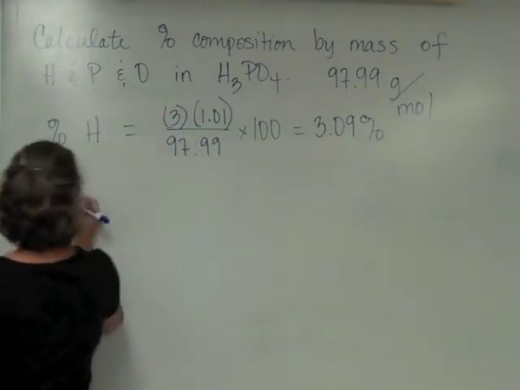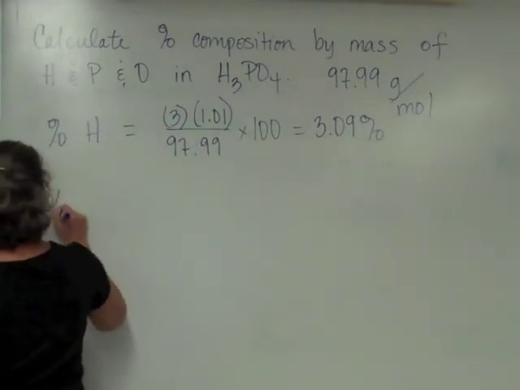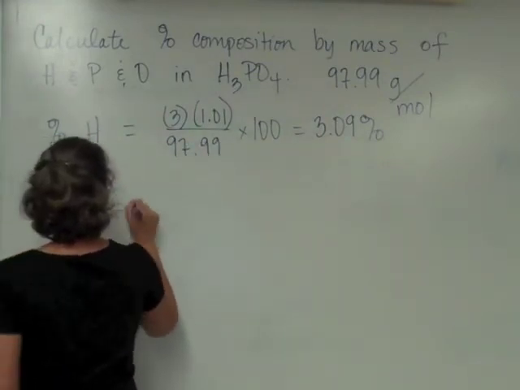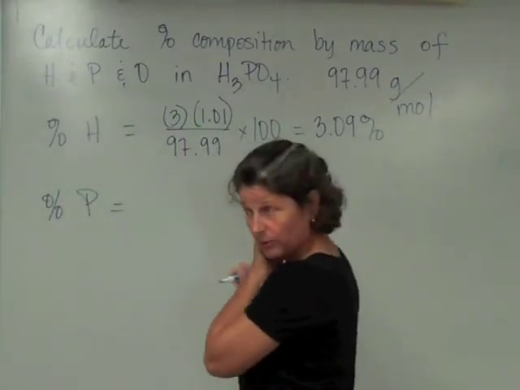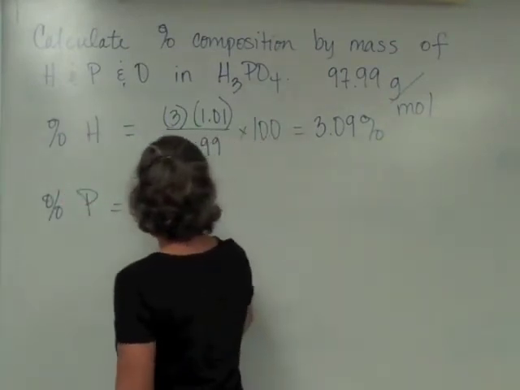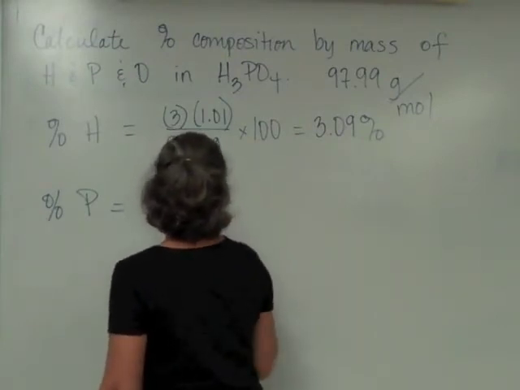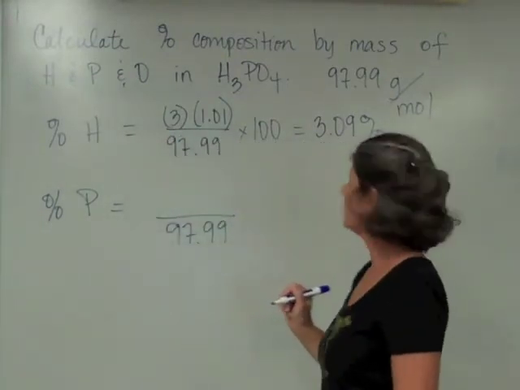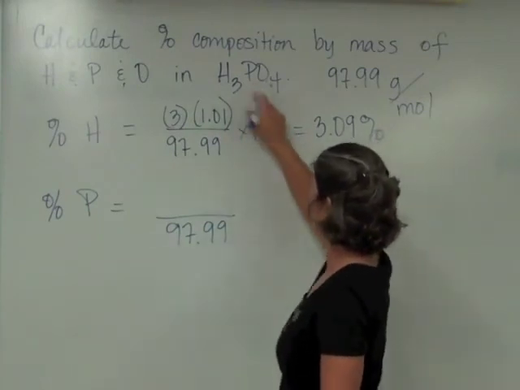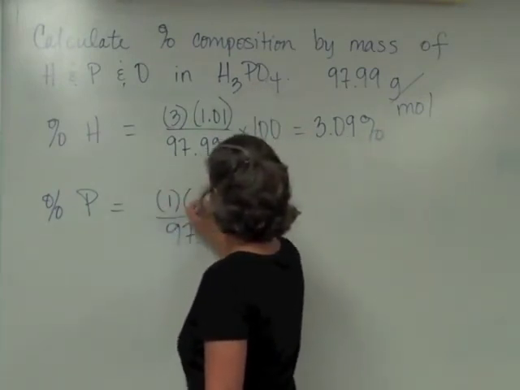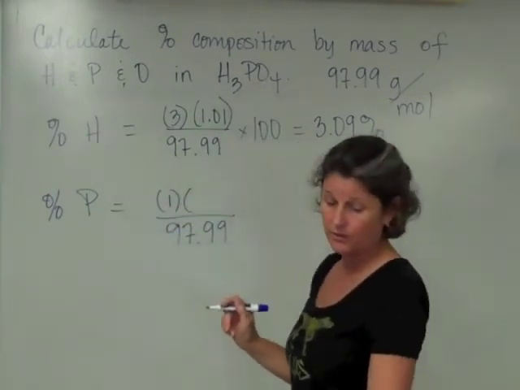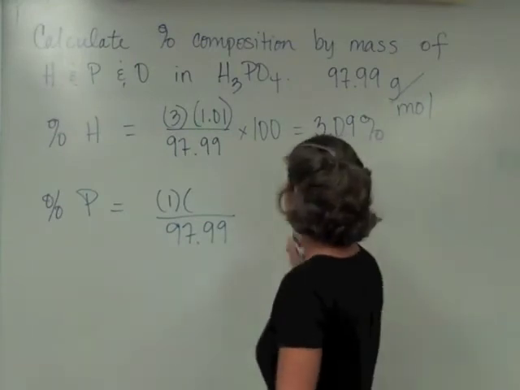All right, what about the percent phosphorus? We've got the whole, and it's 97.99. And let's see, we've got 1 phosphorus, and the molar mass of phosphorus is 30.97.